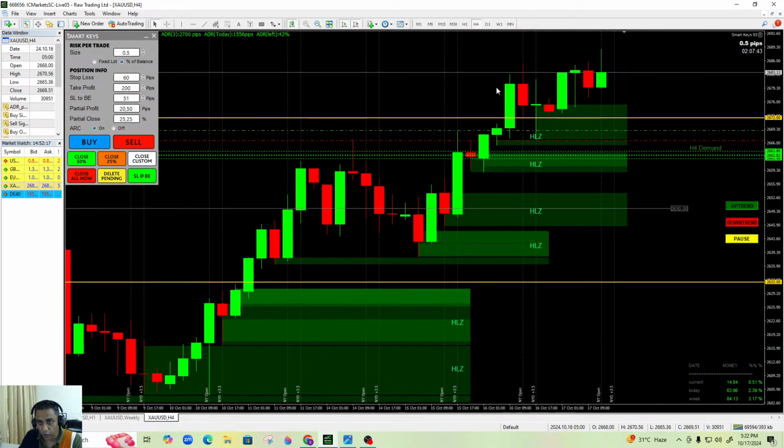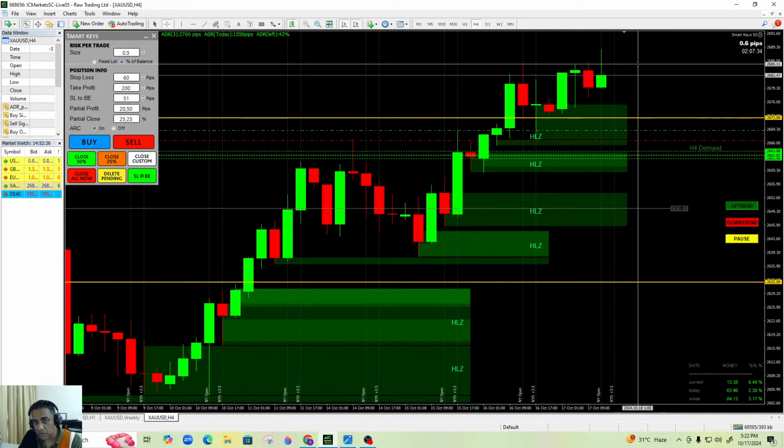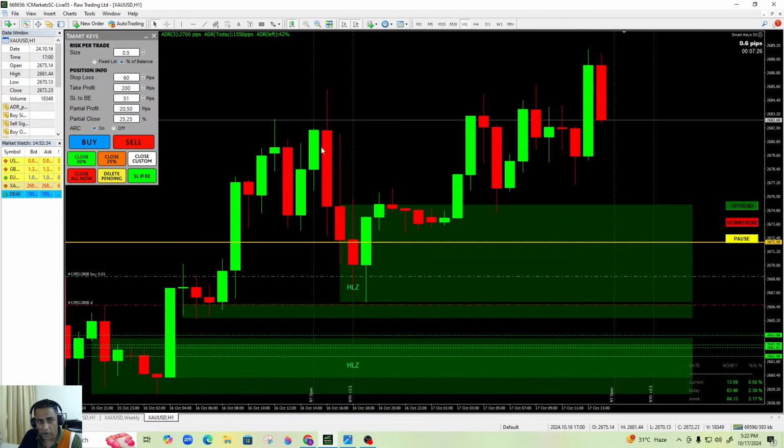So on the H4, we have this swing or this demand zone that eventually took out this, right? So that high, there was supply right there, and there's a rally and a drop, so there is supply there. If you go on the 1 hour, you have supply right there.